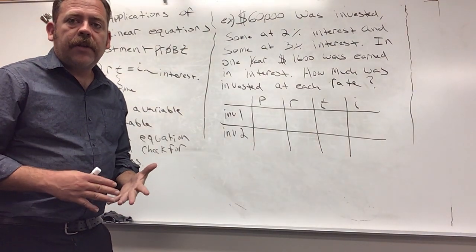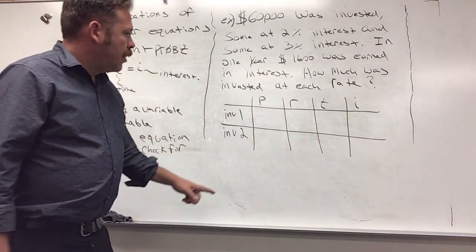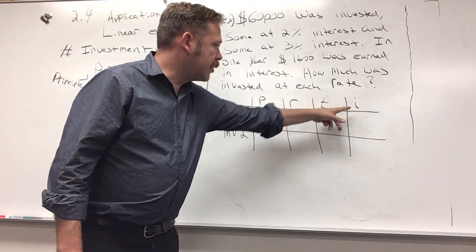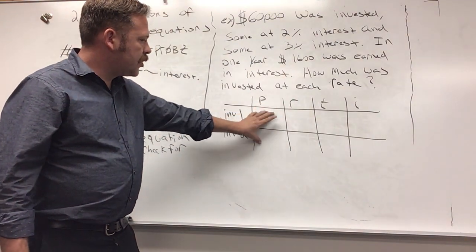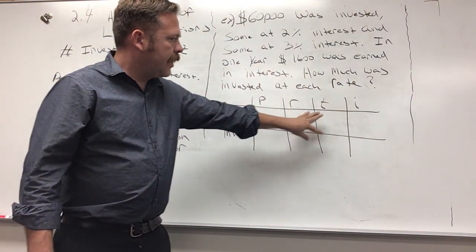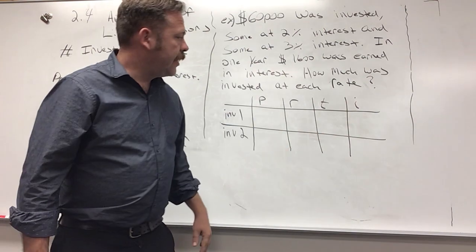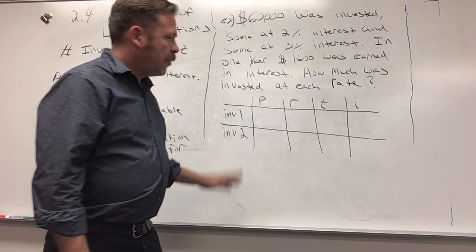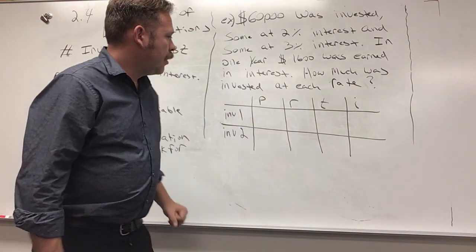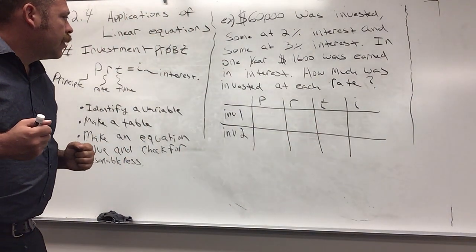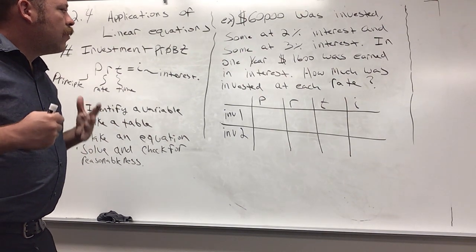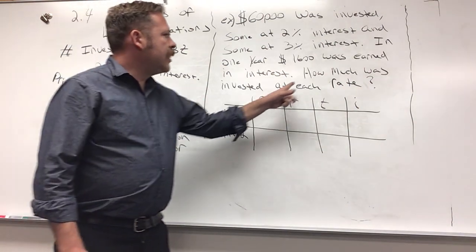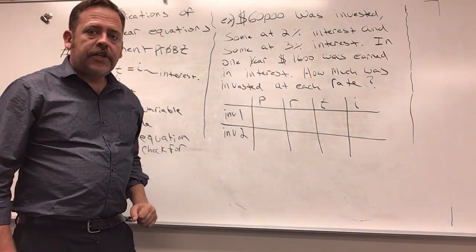Just like before, the equation that we were given: principal times rate times time equals interest. So we're going to fill out the principal, the rate, and the time. And how do we get the last column, all the time, every time? We multiply across, okay? Now, what is the variable? What do we not know? We look at the question, and it says, how much was invested at each rate?